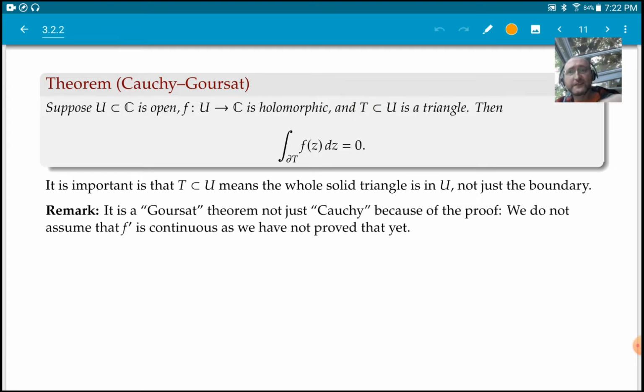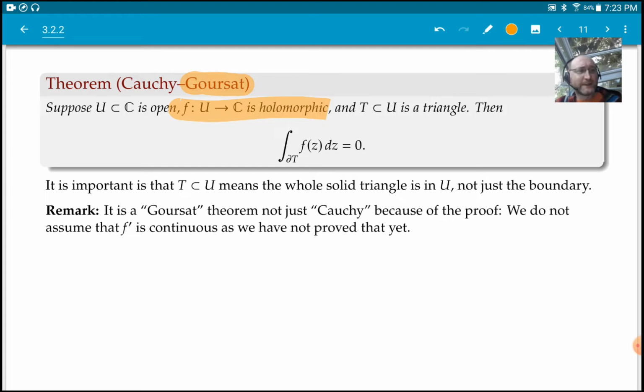And the name Goursat is really because of what we're assuming right now. So we're assuming that f is holomorphic. So that means that f is complex differentiable at every point. But what we haven't proved is that that means that f prime is continuous, right? Now, if you have that f prime is continuous, all this stuff becomes much easier, and that's really what Cauchy was assuming.